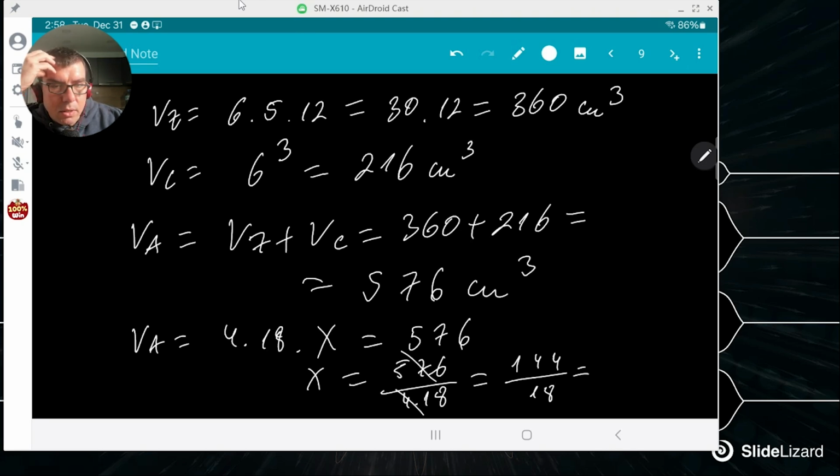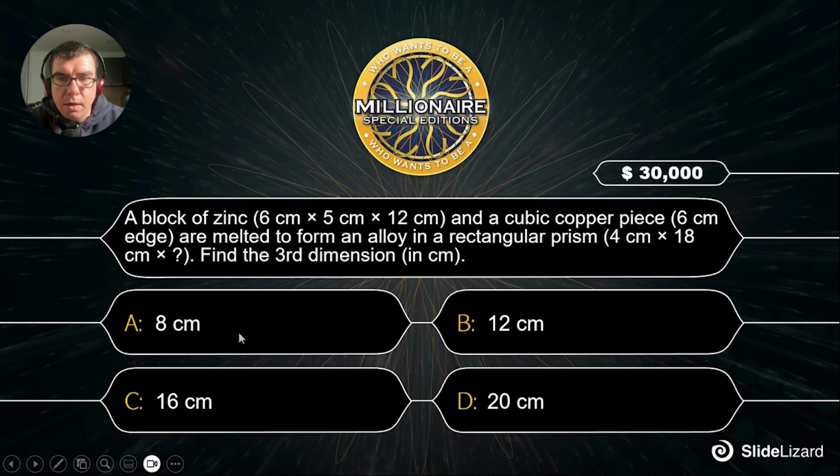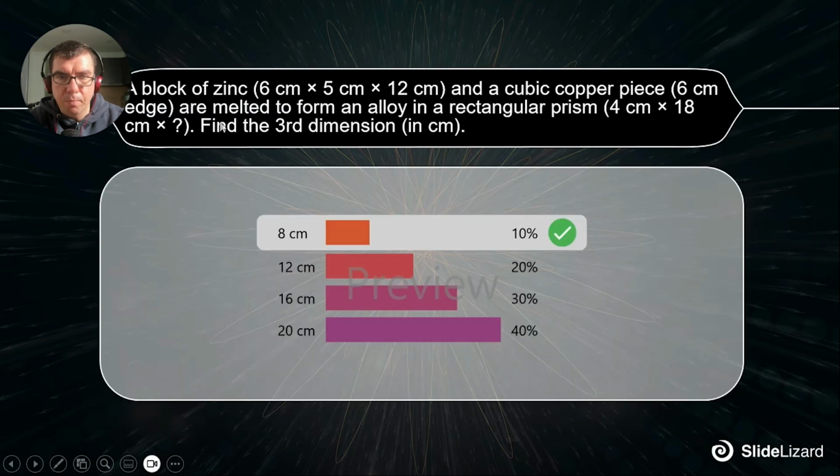Let's reduce again by 2. 72 over 9, and 72 divided by 9 is 8. So we get that x, which is the third dimension, is 8 centimeters. Let's check if we have such an answer. Yeah, A. Okay, good.